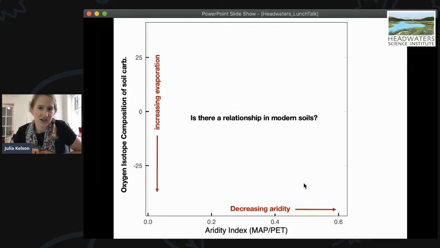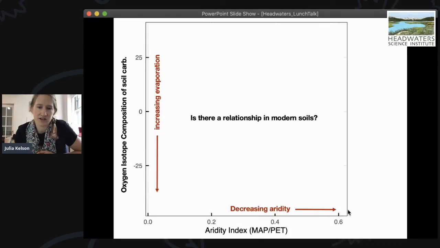And so the question that I'm attempting to answer right now is how the oxygen isotopes of modern soil carbonates change in modern environments. This axis here on the Y is increasing evaporation on the bottom, and then decreasing aridity on the x-axis.